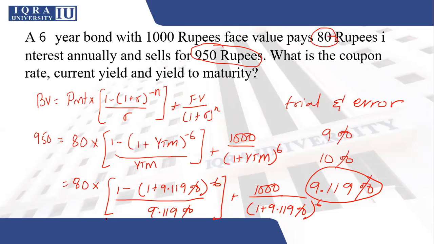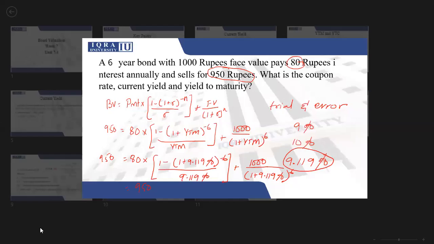Now, if you do this calculation, you will see that your answer is coming very close to 950. Your answer might be coming 949 point something or 951 point something. All of these answers are considered to be close enough.